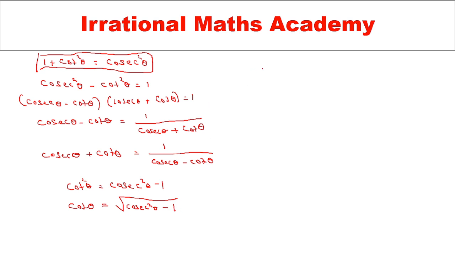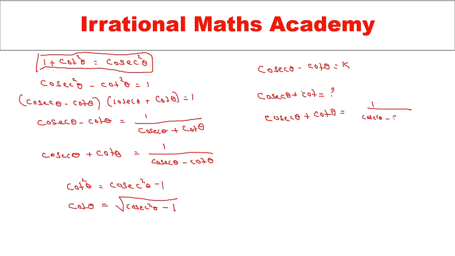Is it clear? So for example, let us see here, if cosecant theta minus cot theta value is given, and if they ask us to find out cosecant theta plus cot theta, from this identity we can write it as cosecant theta plus cot theta, what we know, 1 by cosecant theta minus cot theta.